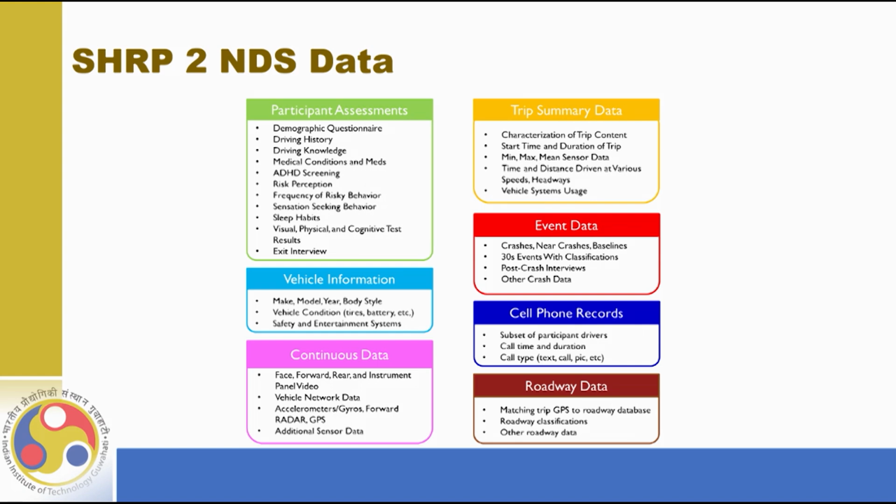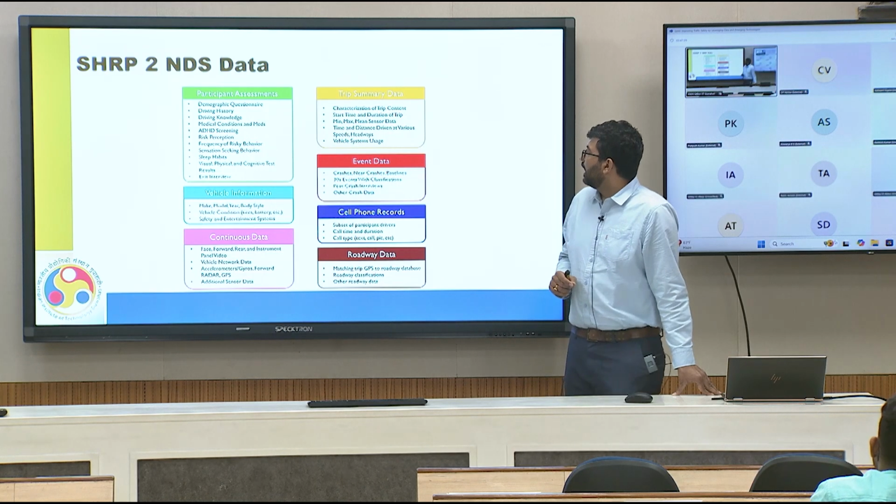And then the continuous dataset. Because the vehicle is instrumented with a lot of sensors and cameras, during the period of the experiment, let's say three to four months, all the speed and trajectory of the vehicles are constantly recorded.